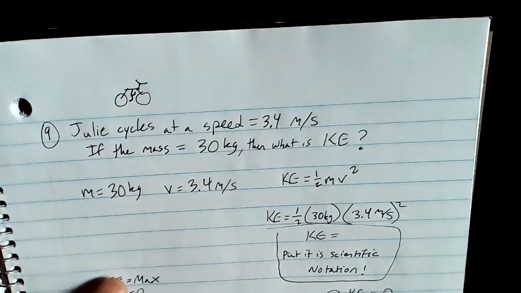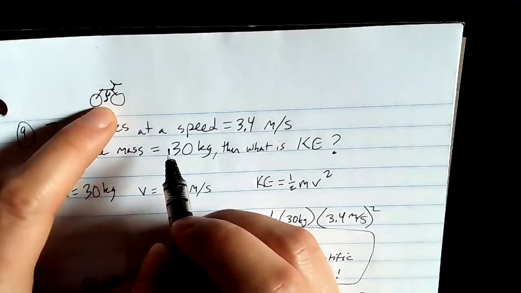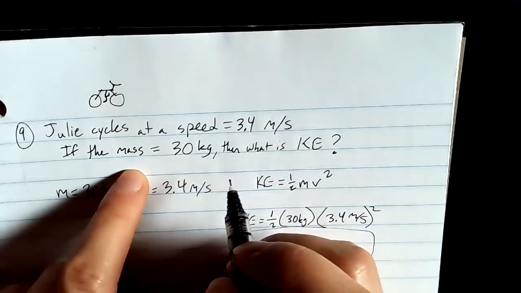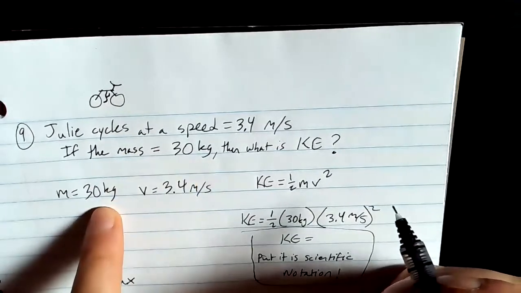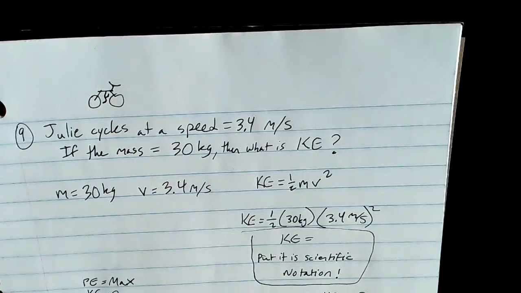If the combined mass of Julie and the bicycle is 30 kilograms, so m equals 30 kilograms, then what is the kinetic energy?